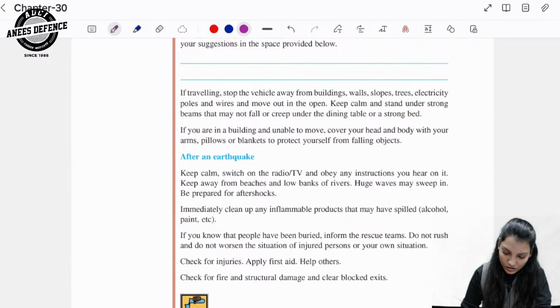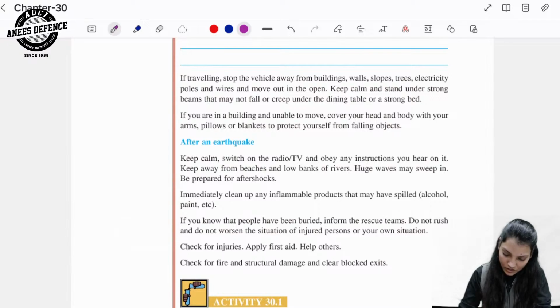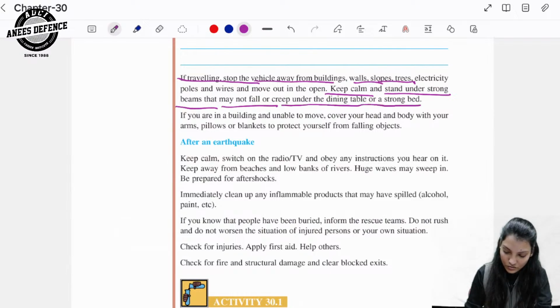Now, there are more preventive measures. If you are traveling, stop the vehicle away from buildings, walls, and slopes and try to stay in that car only. In that condition, keep calm and stand under strong beams that may not fall, or creep under the dining table and strong bed.